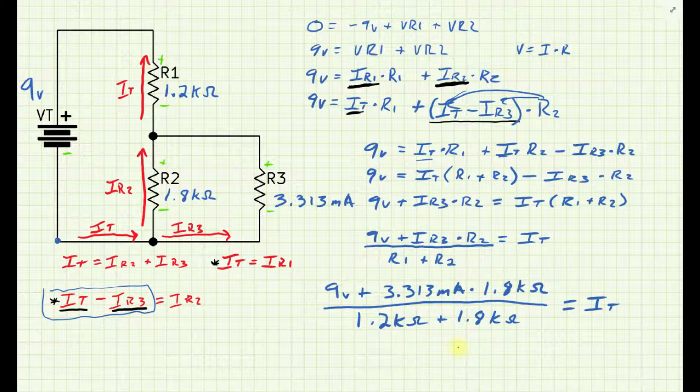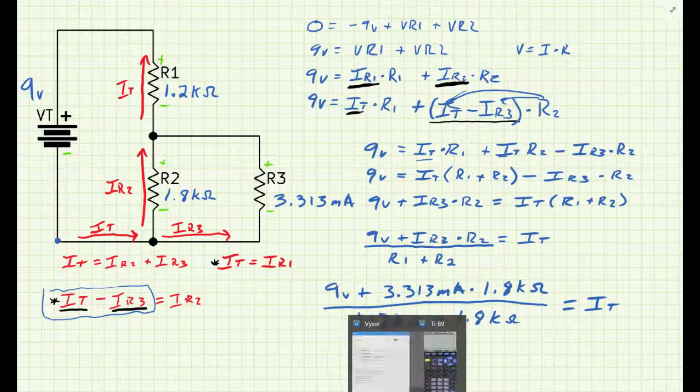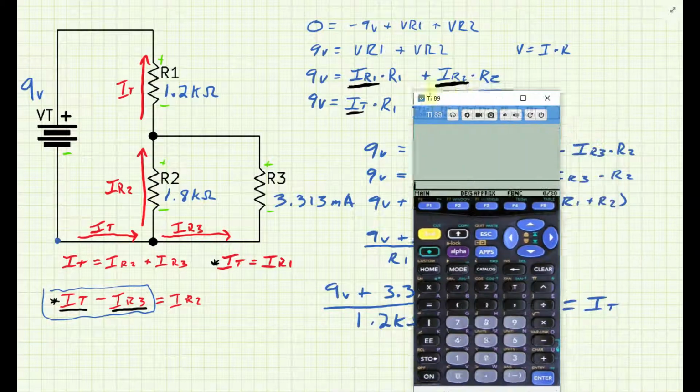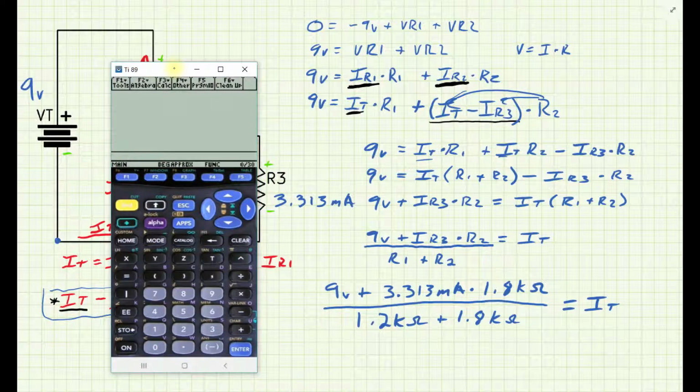So let's get the calculator out. Alright, calculator, come on over. Okay, so I'm just going to type this right in, and we'll make sure it gets in there right. 9 volts plus 3.313 milliamps times 1.8 kilo ohms.